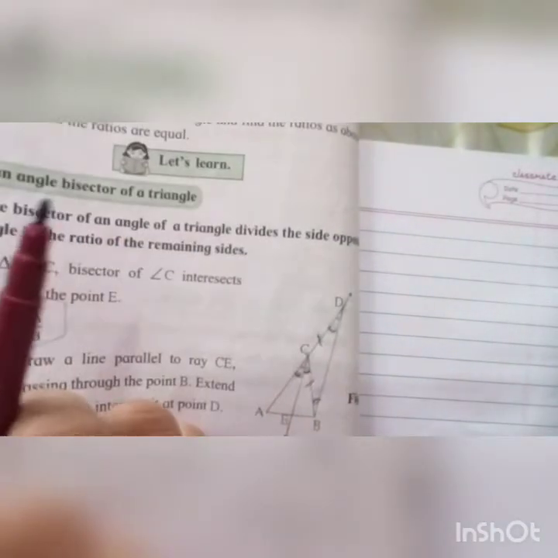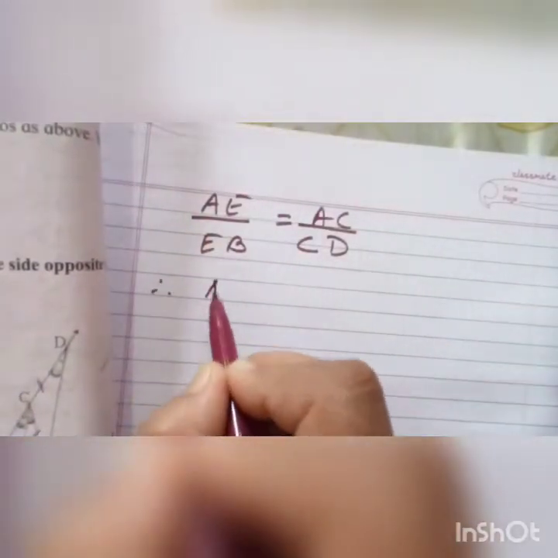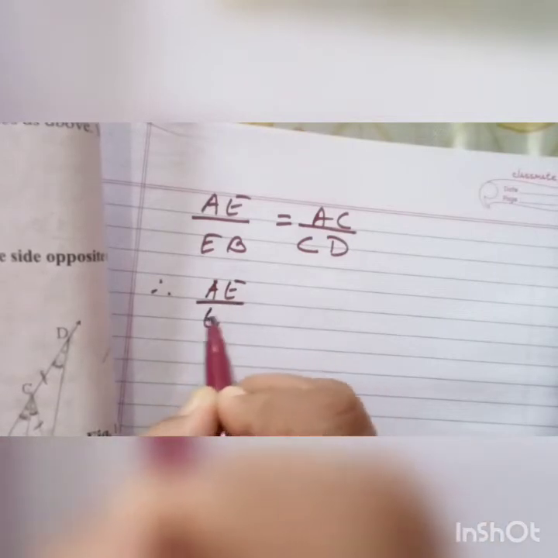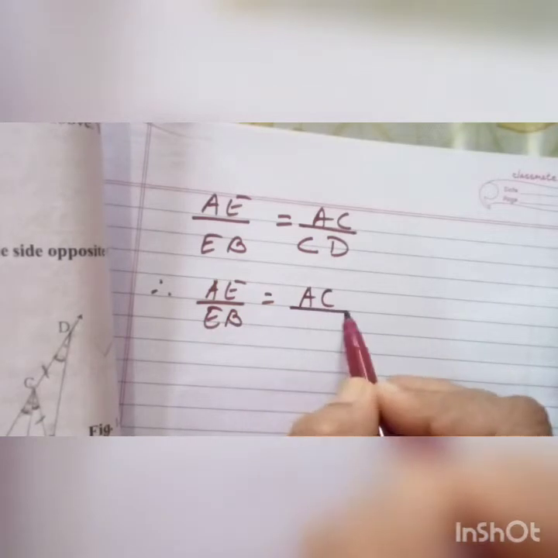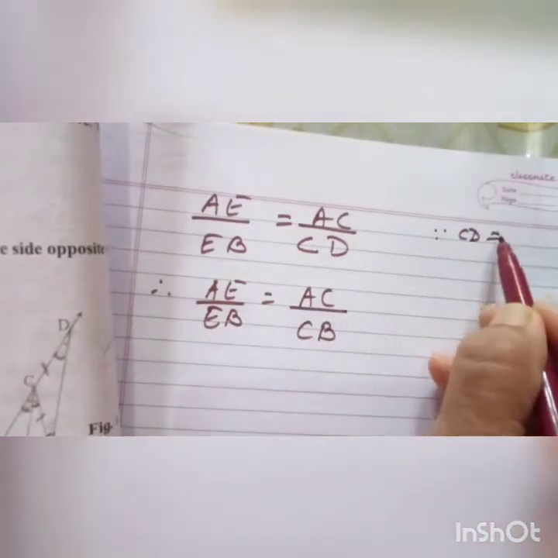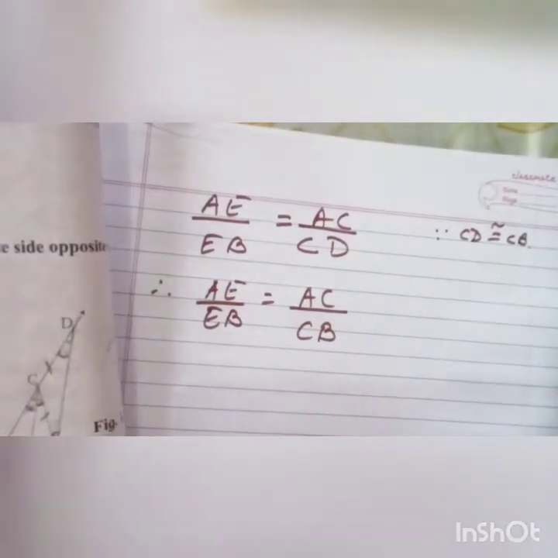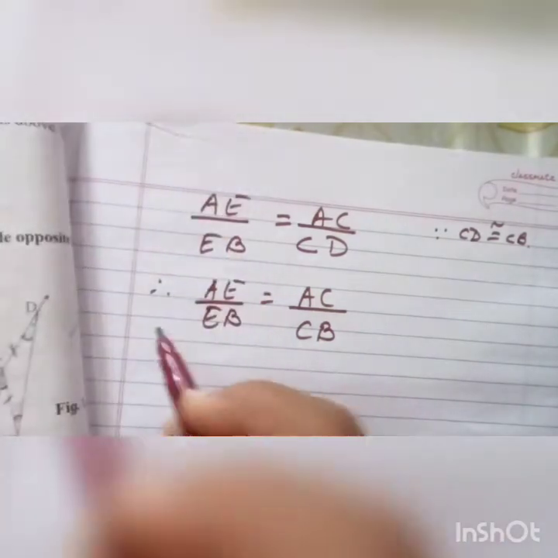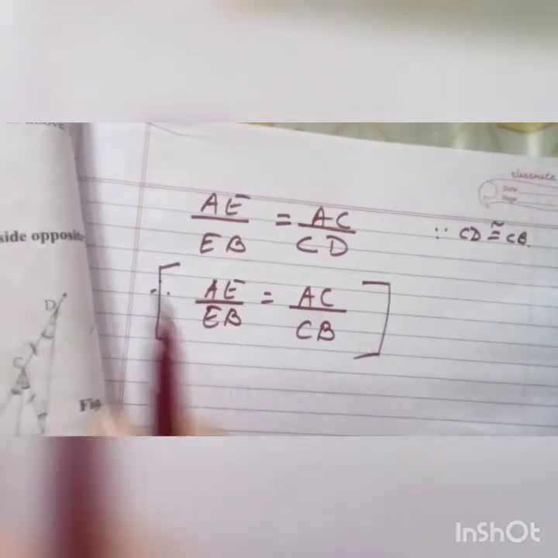But we have seen that this CD is equal to CB, side of a triangle. Therefore, AE upon EB is equal to AC upon CB, because CD is congruent to CB. And this is the property of angle bisector.